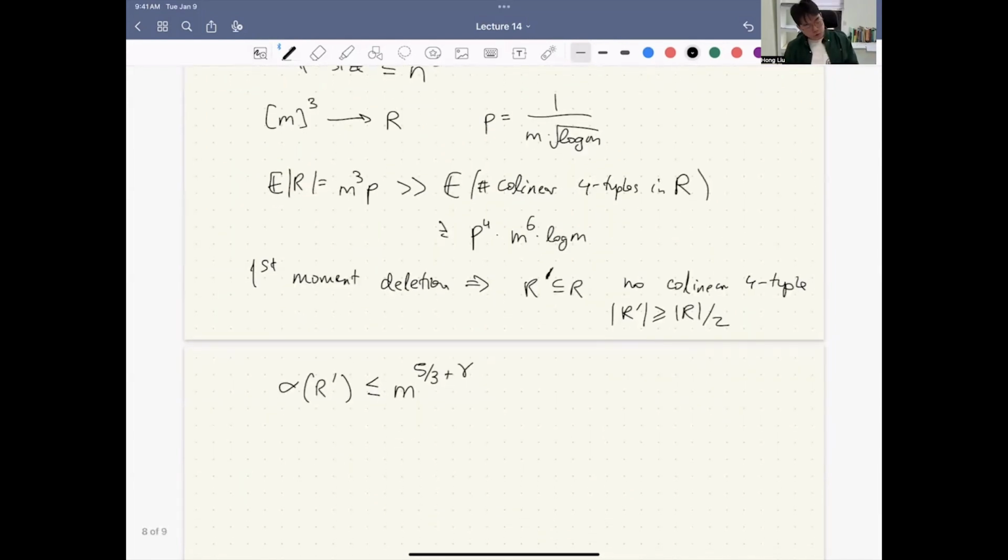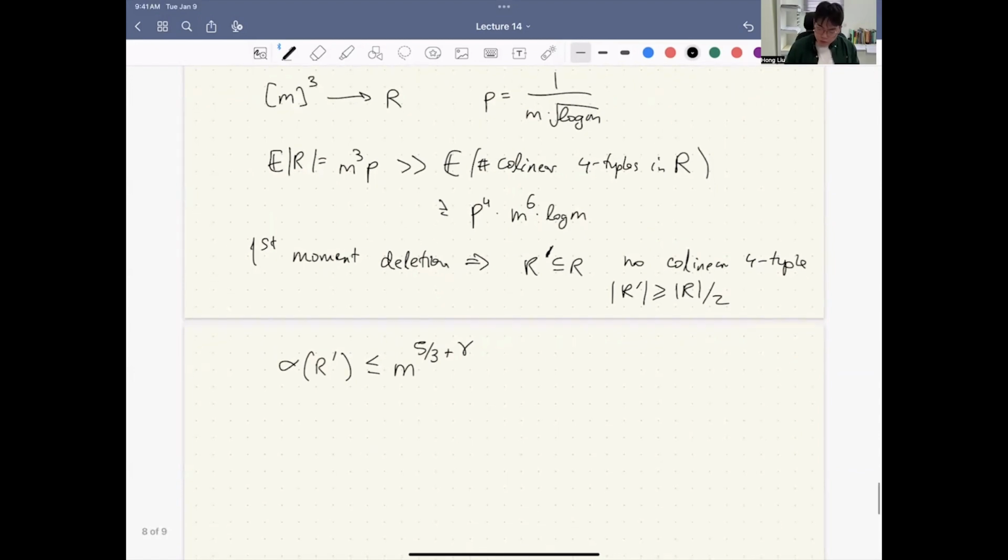We just need to show there are no independent sets of size m to the 5/3 plus gamma in R prime. An independent set is a set of points in general position, right?